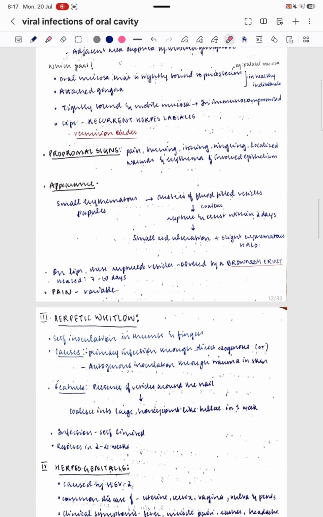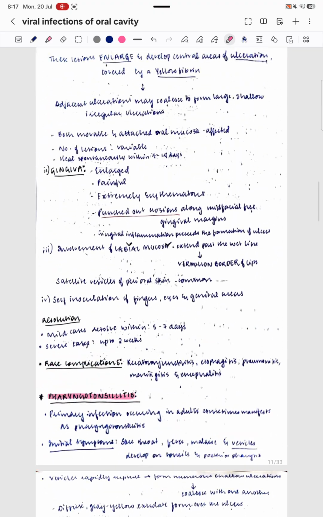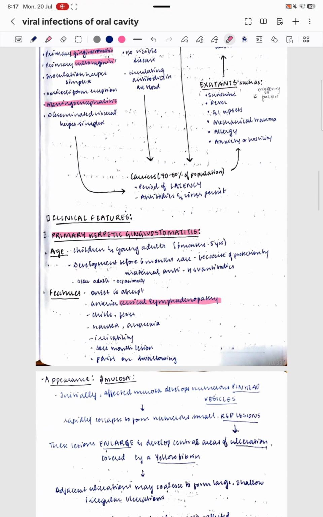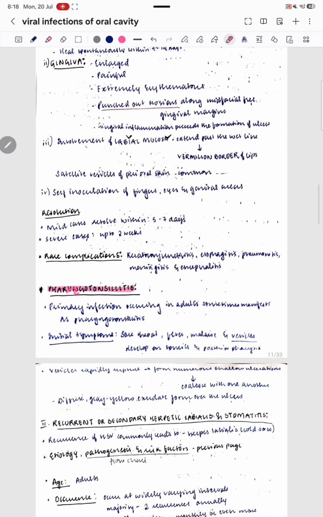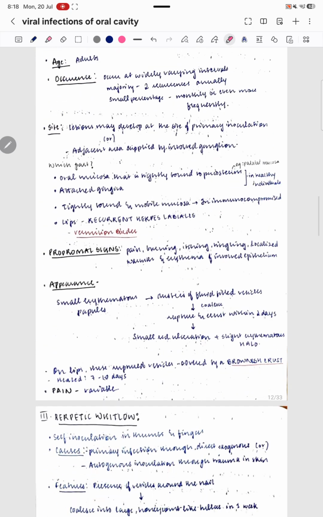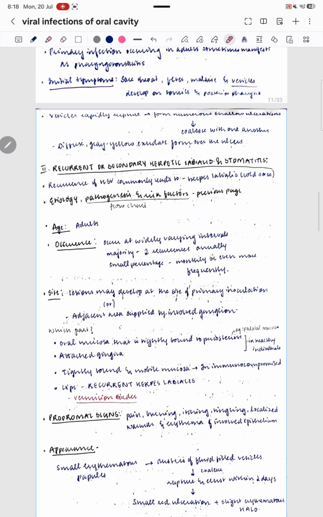Then coming to herpes genitalis. We spoke about gingivostomatitis, that is primarily occurring in children. Then we spoke about pharyngotonsillitis, that is occurring in adults. Then we spoke about herpes labialis or secondary stomatitis.